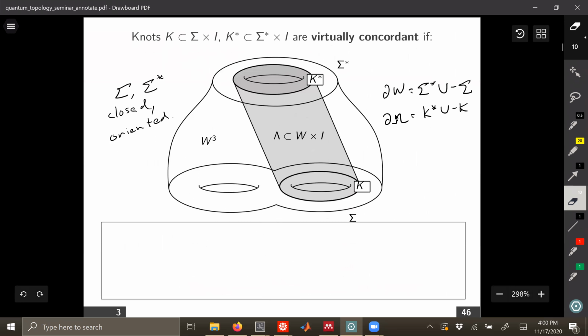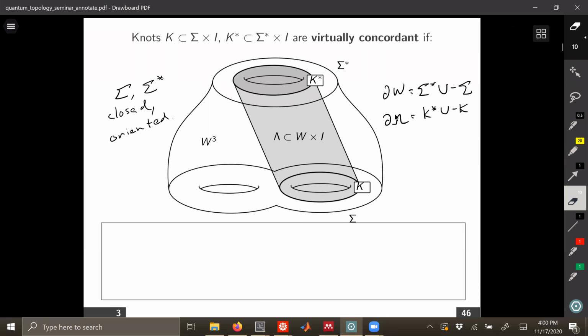So what do I actually care about, at least today? We're going to talk about a definition due to Turaev for concordant knots in thickened surfaces. Here we'll have surfaces sigma and sigma star, which are closed and oriented, and we'll have two knots in the thickened surfaces.